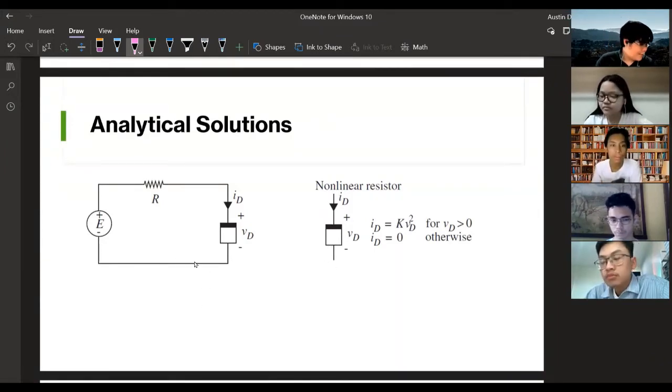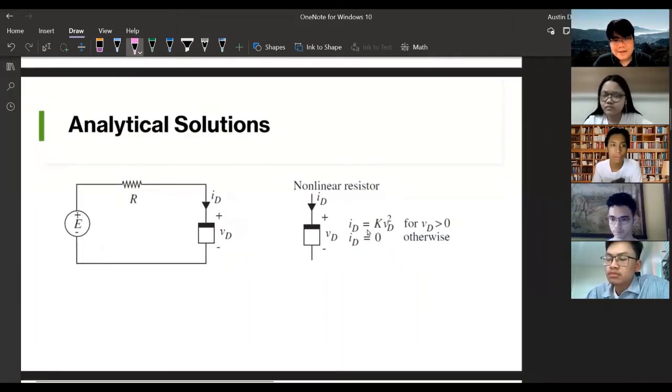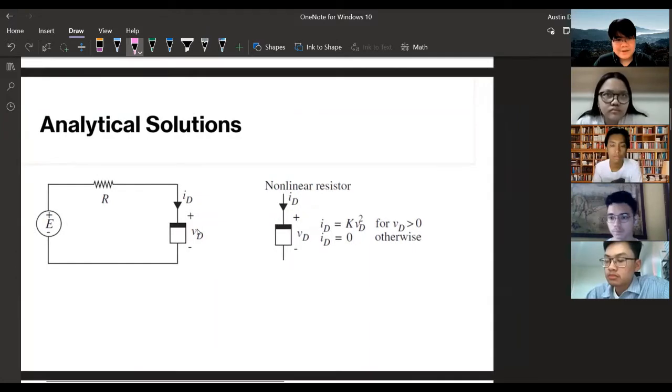Okay, so let's try for this nonlinear resistor. Yung properties niya would be ID, yung current sa kanya would be K times VD squared. So nakadepende siya doon sa voltage niya. Tapos square yung voltage na relation niya. Okay?